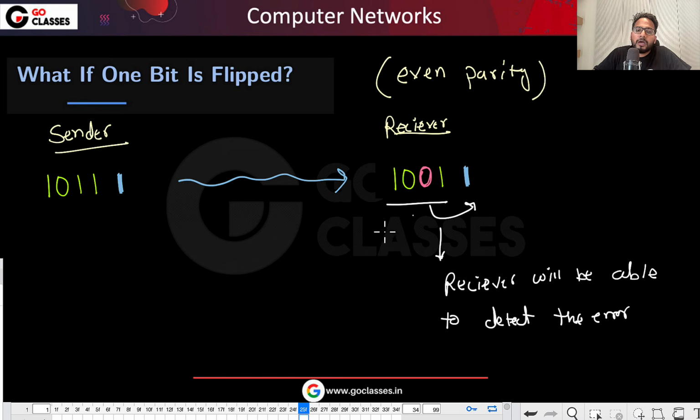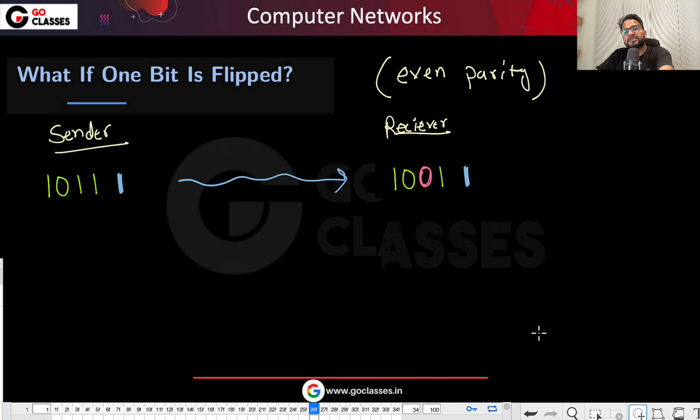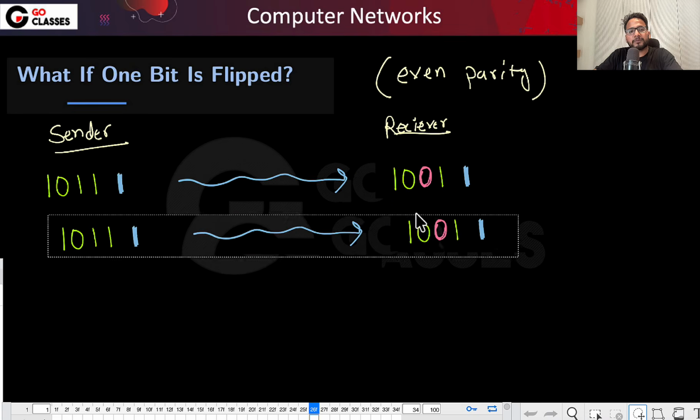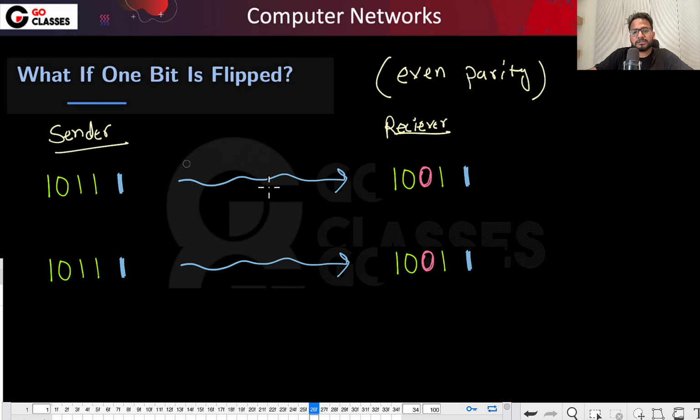Now suppose the data is the same, but instead of the data bit, the parity bit itself gets flipped. For example, you are sending the same data, 1 1, you receive 1 1 only, but then the parity bit gets flipped, the parity bit becomes 0.